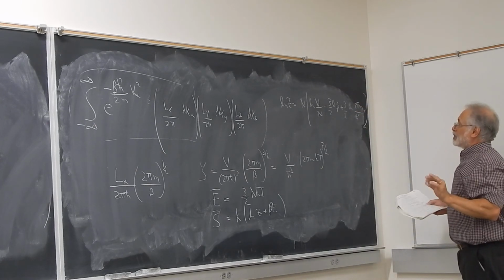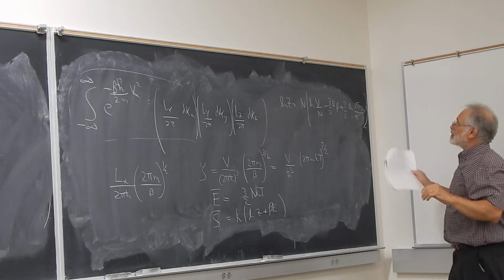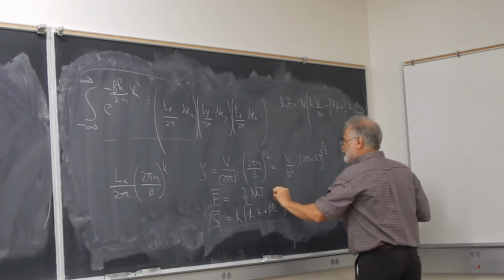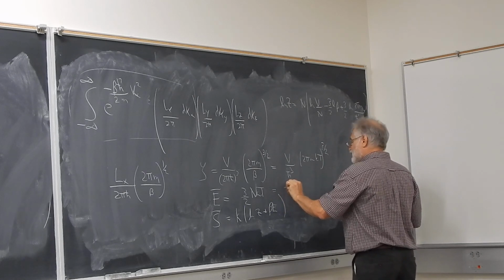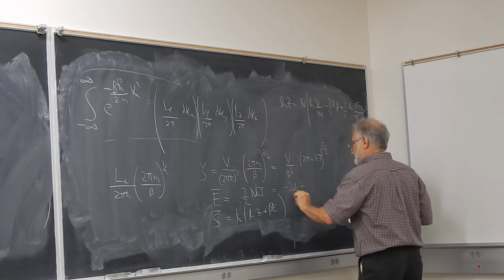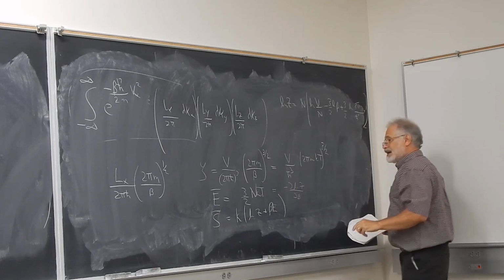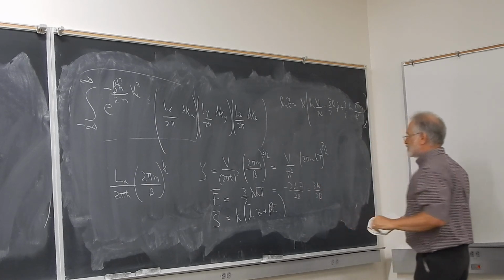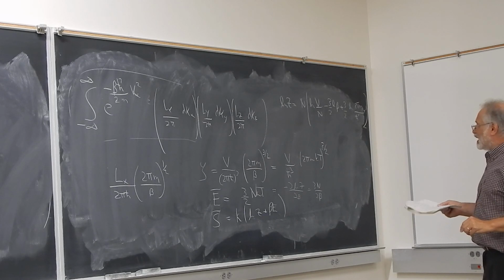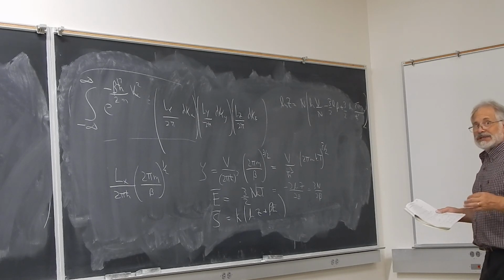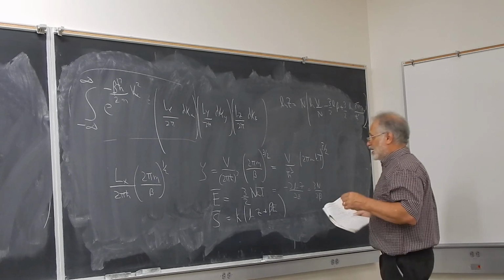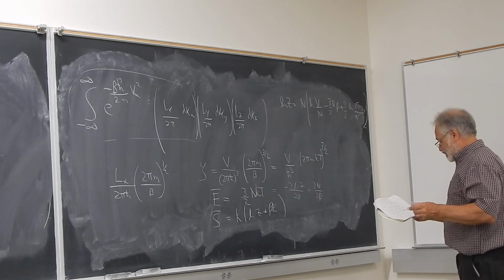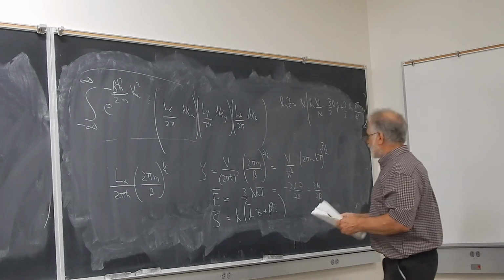Now, to find thermodynamic quantities, I have to take partials with respect to log Z. To find the mean energy, that's going to be minus the partial of log Z with respect to beta. That will give me 3N over 2 beta, which of course, beta is kT, so it gives me 3/2 NkT, which we would expect for a three-dimensional gas. Entropy, we know the expression is k log Z plus beta E. That will turn out my mean entropy.